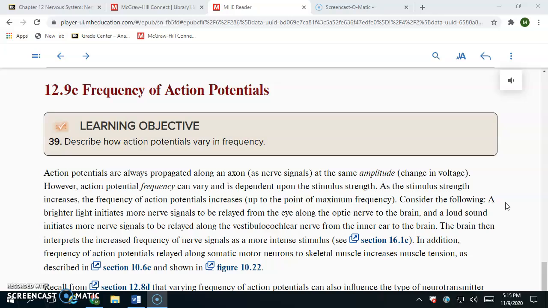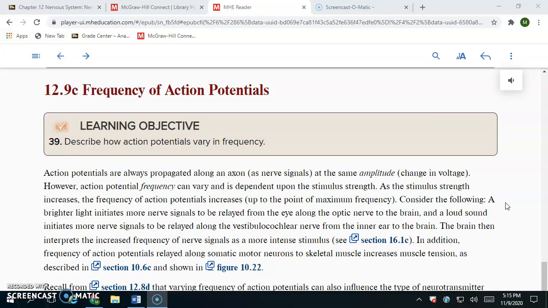Our neurons are still sending action potentials that are exactly the same to the brain and spinal cord when we have these sensations of light or sound or touch. So sometimes it would be hard for the brain and spinal cord to know how intense those sensations are, because the action potentials are exactly the same: they either come in or they don't come in.